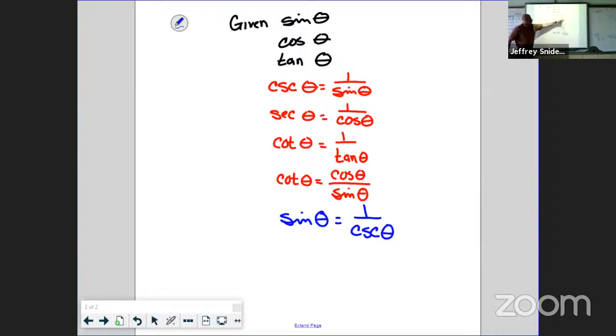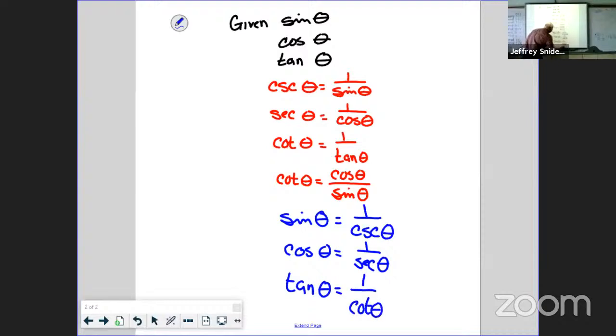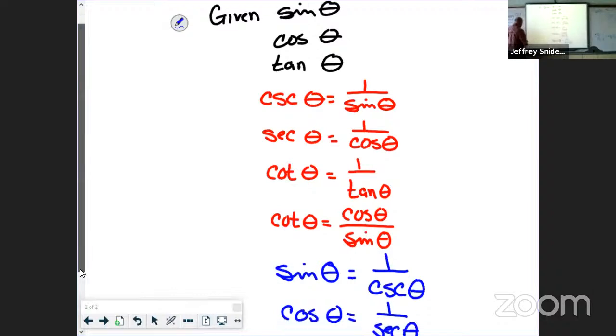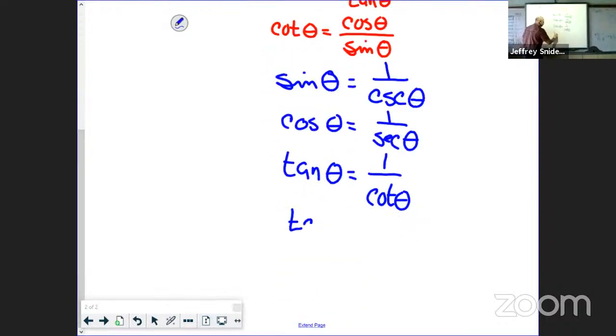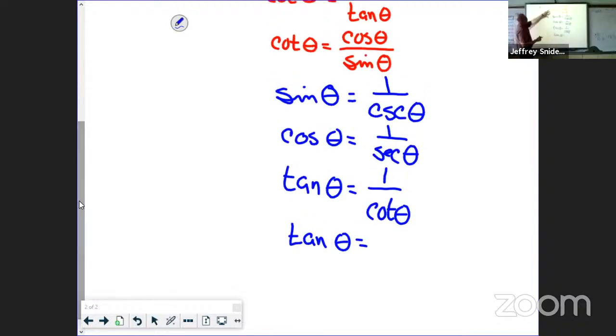So that means that cosine theta is 1 over secant theta. And this one's good. Tangent theta would be 1 over cotangent. And we already know, what else do we know about tangent theta? We already said this, that tangent of theta is equal to, if I flip this, I flip, it's sine over cosine.